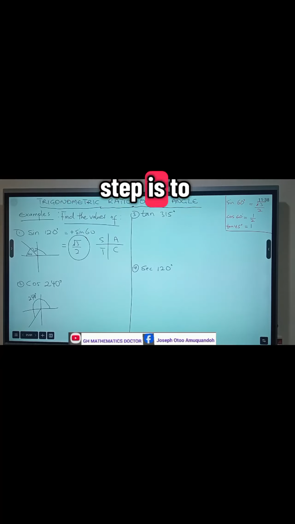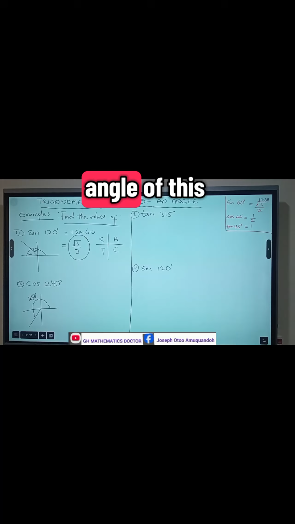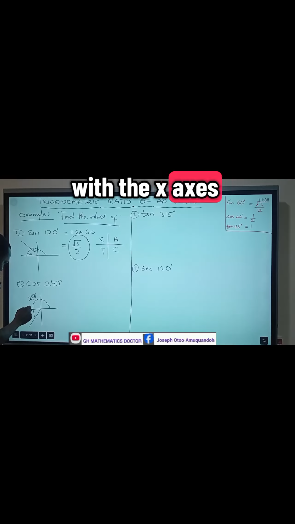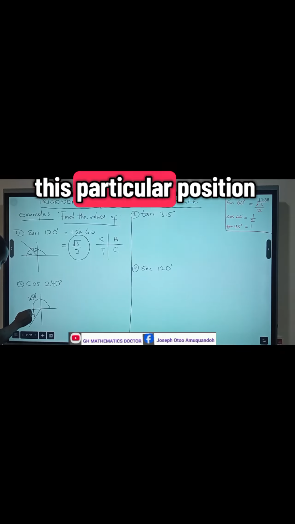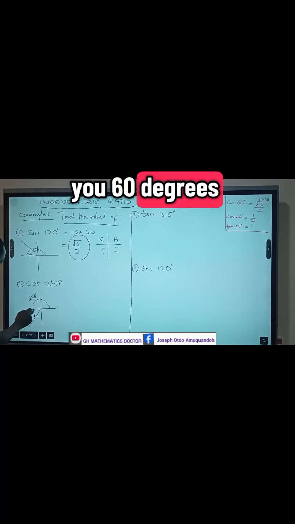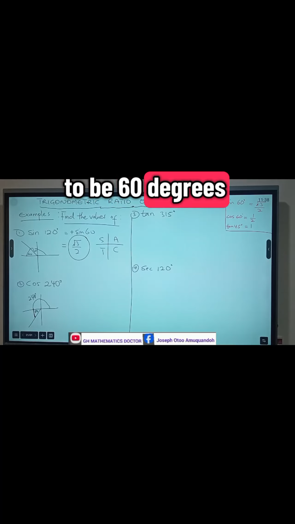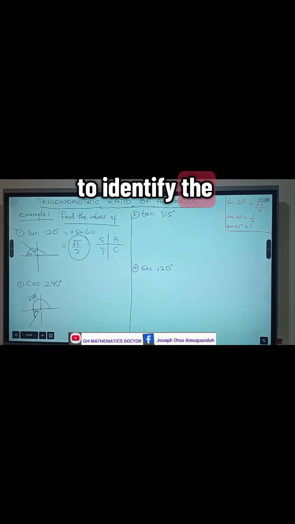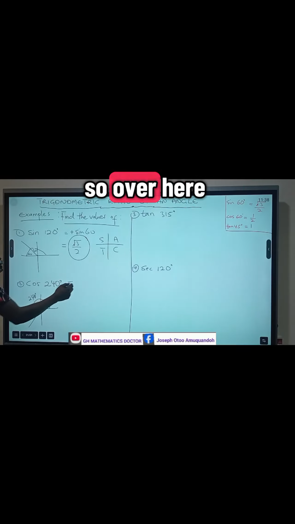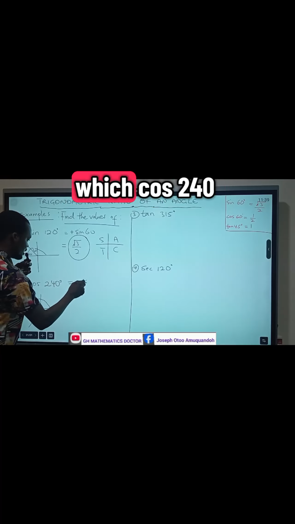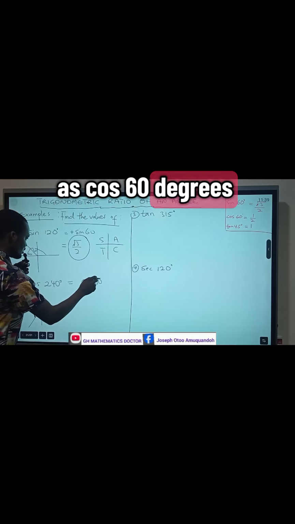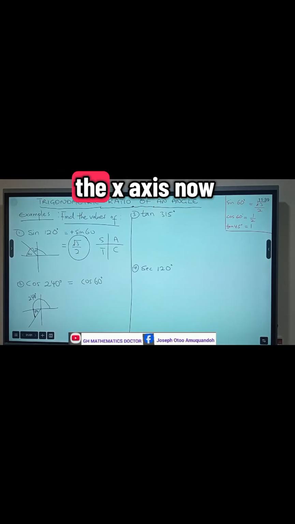Now the second step is to identify the associate angle of this cos 240 degrees, and this is the associate angle that makes up with the x-axis from here to this particular position, and that gives you 60 degrees. And also use the CAST plane to identify the positive or the negative of that particular angle. So over here, let's first write the associate angle: cos 240 degrees will also be the same as cos 60 degrees. That is the associate angle that makes up with the x-axis.